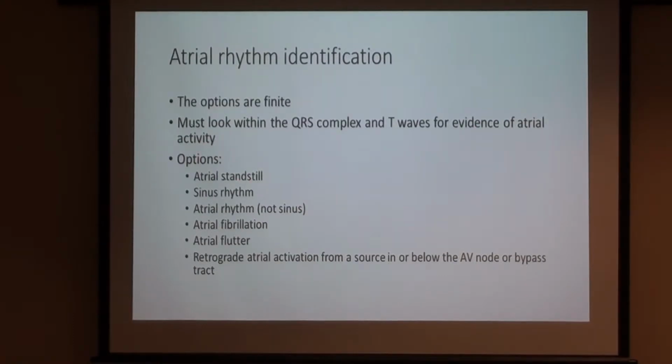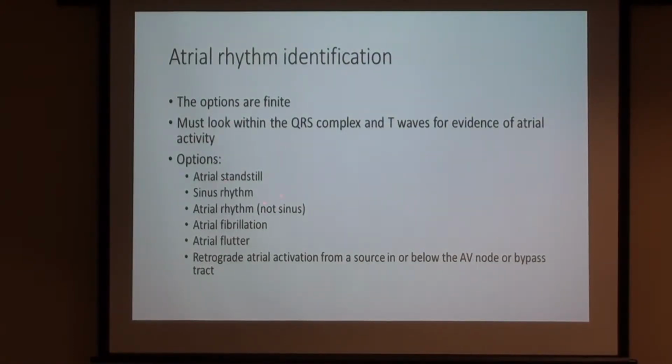So I'm looking for those P waves, assuming that there are P waves, and sometimes you got to find them. Sometimes they're hidden in T waves, sometimes they're buried in the QRS complex someplace. So you got to go on a search for P wave, or atrial activity. Remember that the options are really only 6 things, and other things that are sort of categories of this very thing.